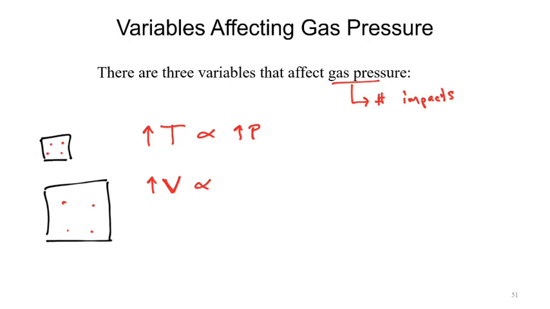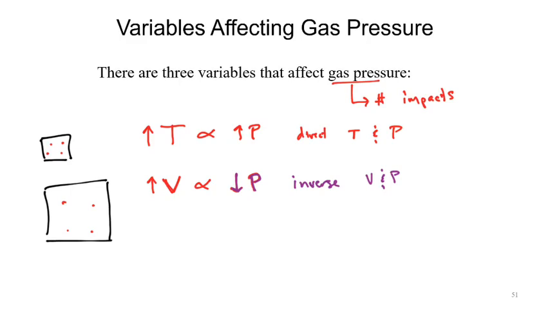So as I increase the volume, the pressure actually decreases. So this is an interesting relationship. We're getting an inverse relationship between volume and pressure. Whereas with temperature, it was a direct relationship between temperature and pressure. And I'm sure there's a better word than direct, but that's all I've got.